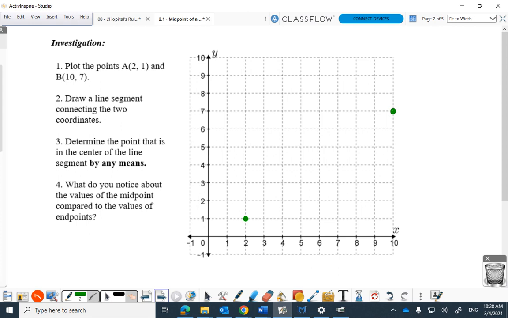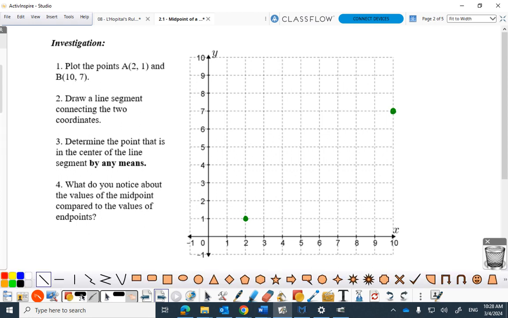Hopefully you put arrows at the end. If you didn't, I didn't bust you on it on the test. I didn't take a half mark off, but maybe I can now, right? Now that I've talked about it, maybe I can start doing that. But a line segment doesn't do that. When I do a line segment, the line goes from here to there, and that's it. Done. Line segment.